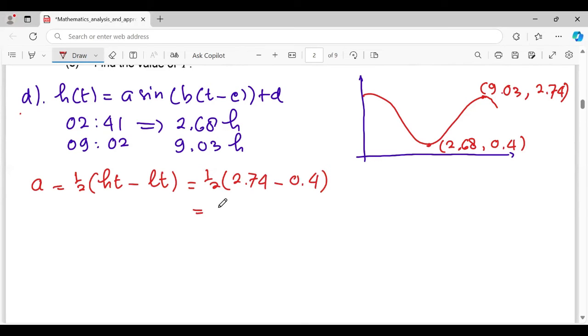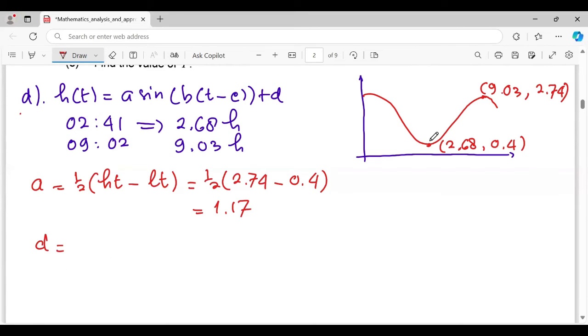If you calculate, the result is 1.17. And the next is D. I would like to find D first. After that, find period and B and C.